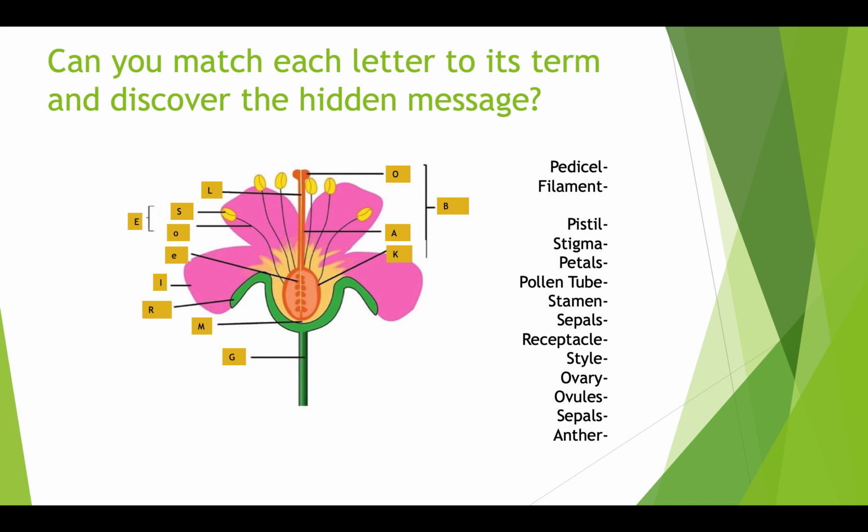You are going to be able to transfer these block letters over to the side and match them with the term. You can do this by accessing the PowerPoint that I have attached, and once you have completed it, you should have a hidden message.